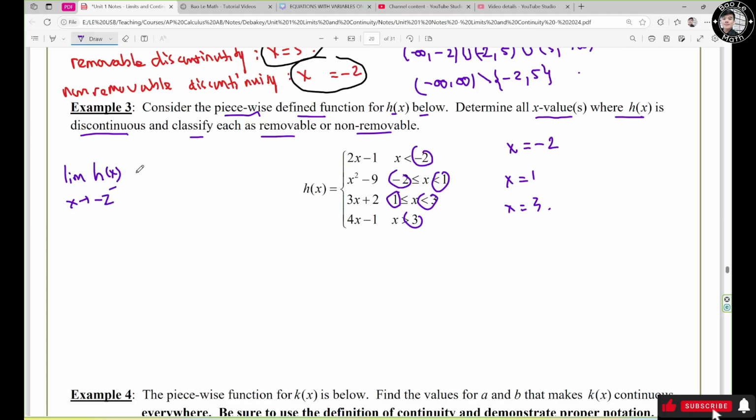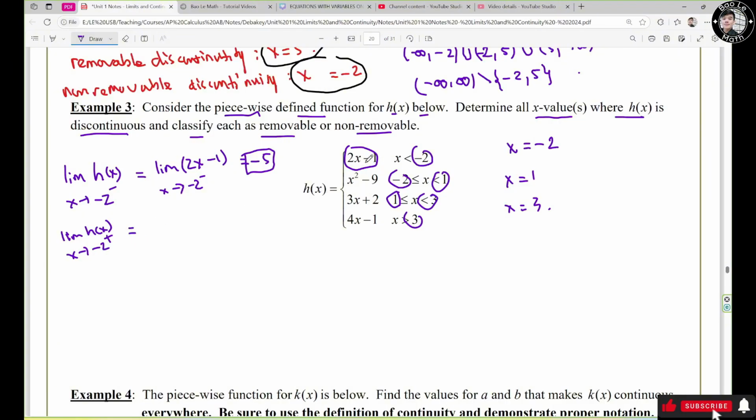Now, you need to find the limit of the function h of s when s approaches -2 minus first, which means less than -2. So you're going to pick this one right here. It turns out to be the limit of the function 2s minus 1 when s approaches -2 minus. Substitute -2 for s, so the answer must be -5. Now you need to find the limit of h of s when s approaches -2 plus.